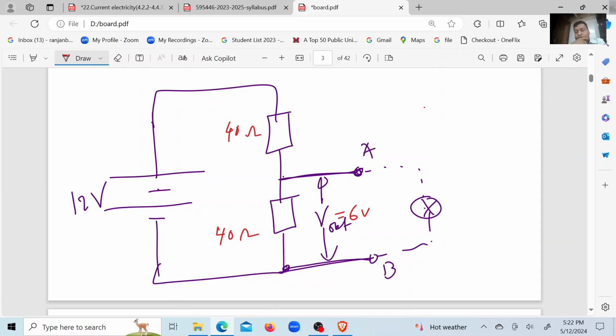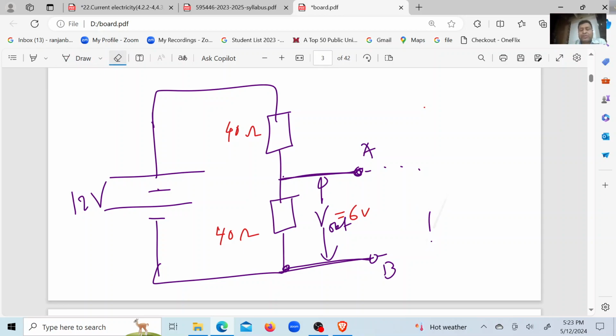So it is a 1 is to 1 ratio. What will be the output voltage? 6 volt, right? So the voltage between these 2 points A and B will be 6 volts. So if you connect a lamp between terminals A and B, it will get a voltage of 6 volt, right?